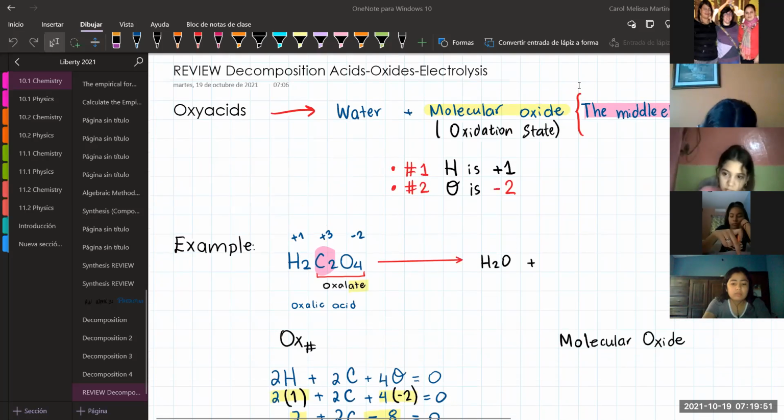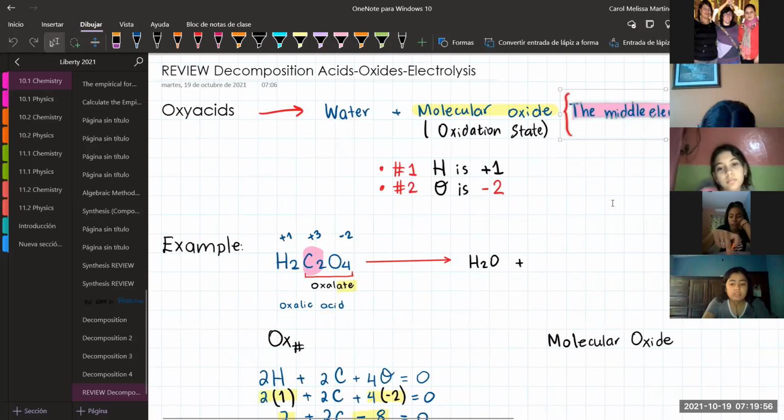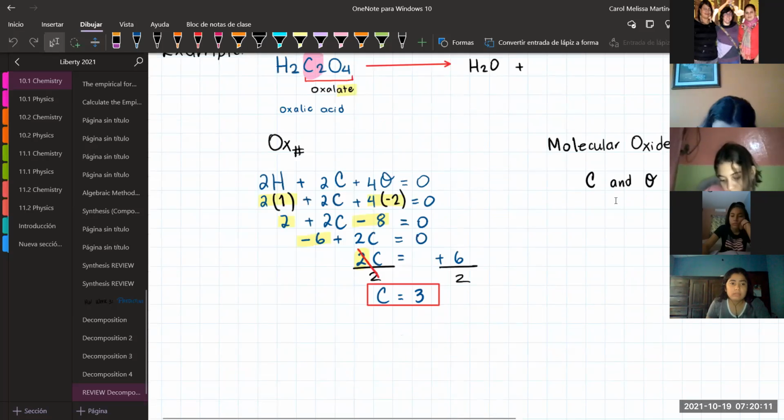According to what I wrote over here, the molecular oxide is made of the combination of the middle element plus oxygen. So this middle element is carbon, carbon and oxygen. We already got the oxidation state for carbon, which is +3, and you know the oxidation state of oxygen is -2.